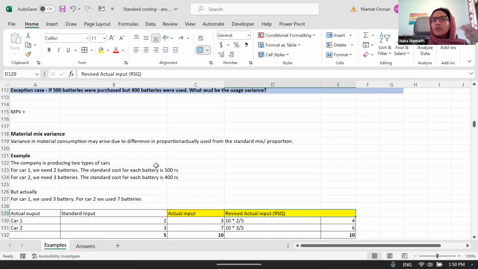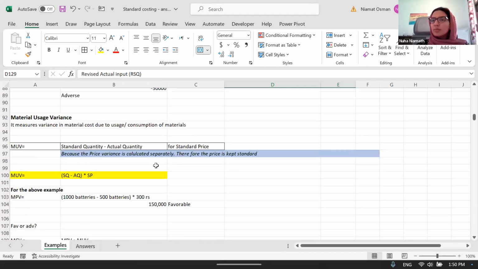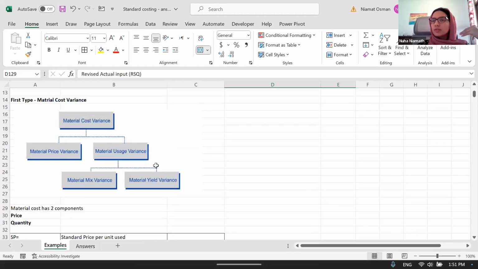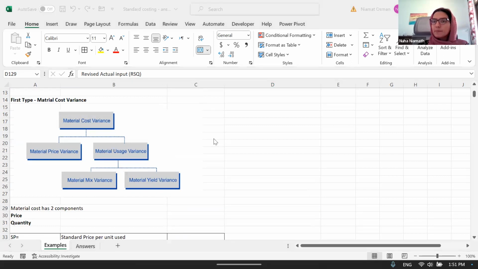So till now, is everybody clear? Everybody's comfortable with all the formulas, anything that you could not understand? How about we do a quick recap? Can somebody tell me the formula for material cost variance? And then we'll move into the questions.